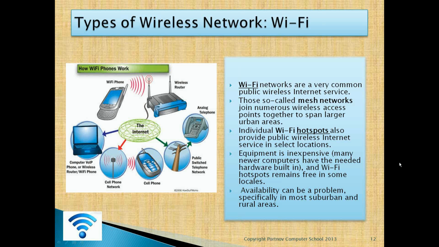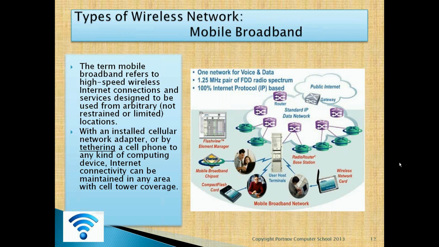It's very common because its equipment is inexpensive, as many new computers and mobile devices already have built-in hardware. At this point, there is a term you should know, called tethering.